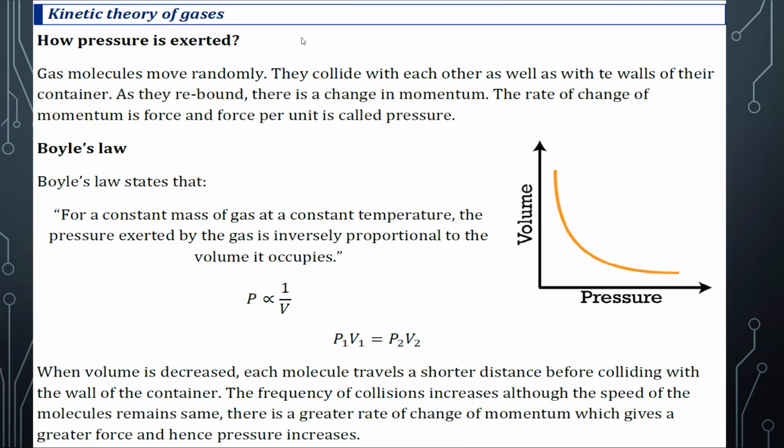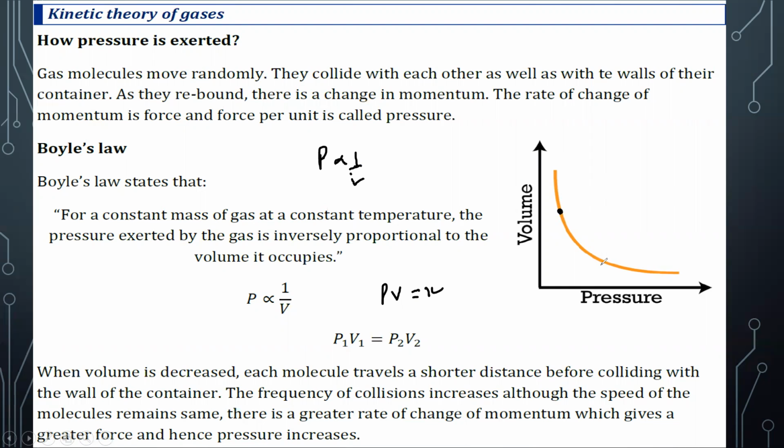Then kinetic theory explains the behavior of the particles. So using kinetic theory, we should be able to explain Boyle's law. According to Boyle's law, pressure and volume are inversely proportional. Whenever two quantities are inversely proportional, their product will be the same. So the graph for inversely proportional quantities will always be a curve.